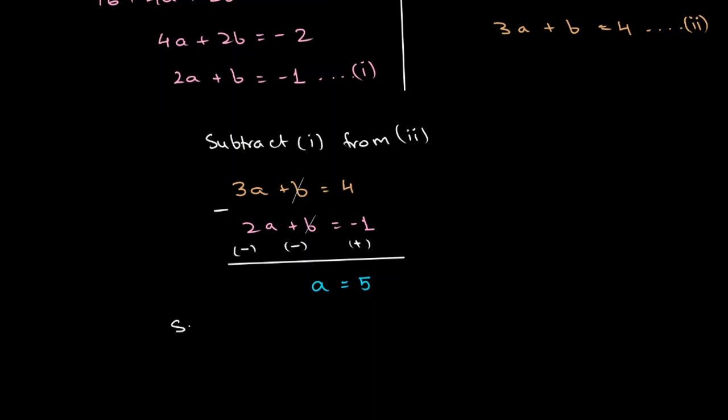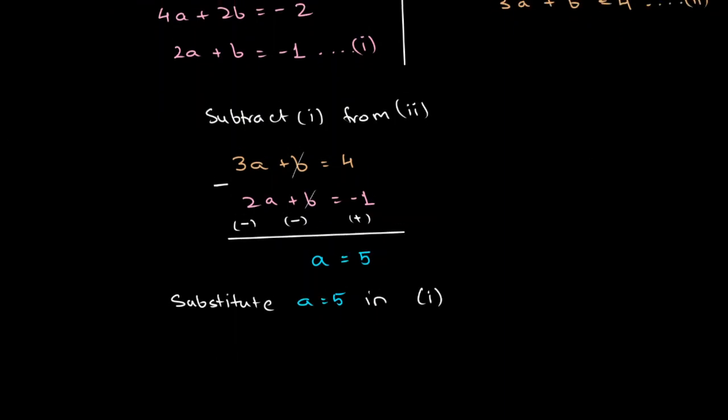Now, if I substitute a is equal to 5 in equation number 1, so what do I get? 2a plus b, so it is 2 times 5 plus b is equal to minus 1.